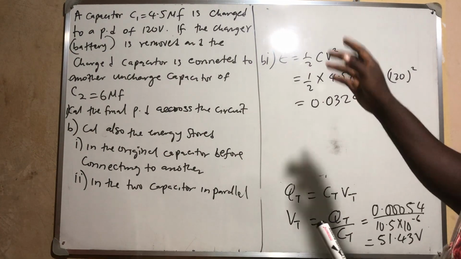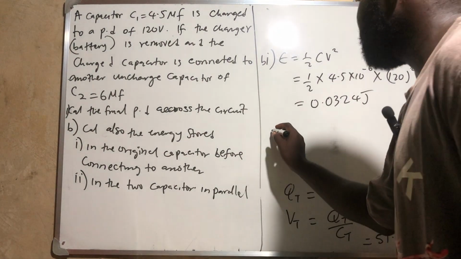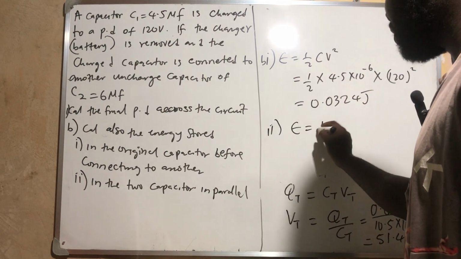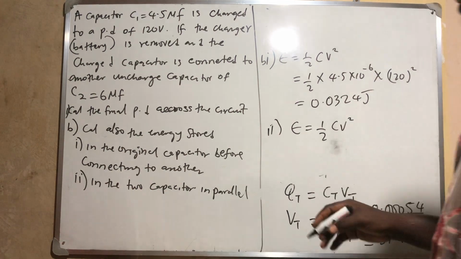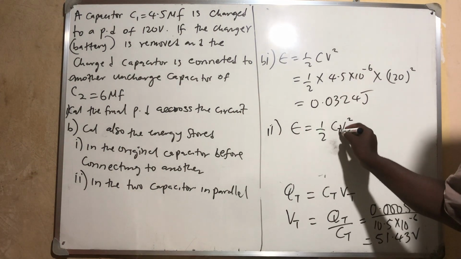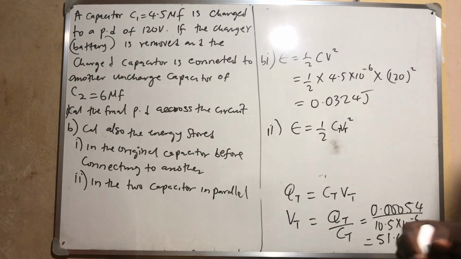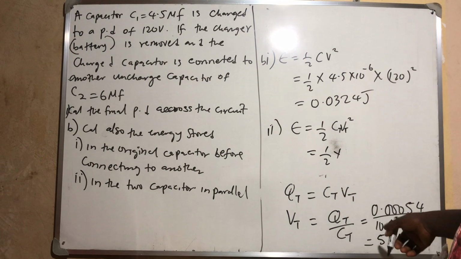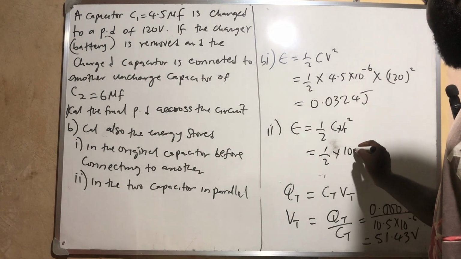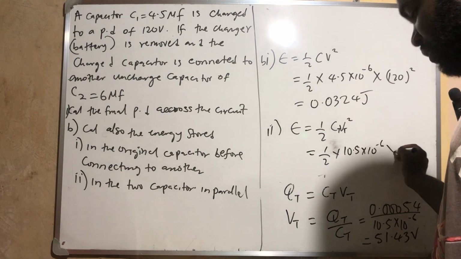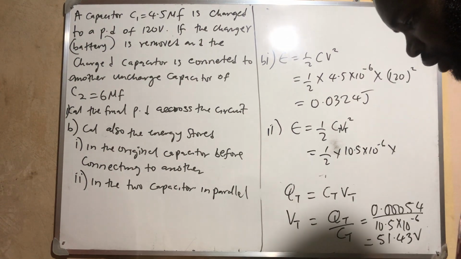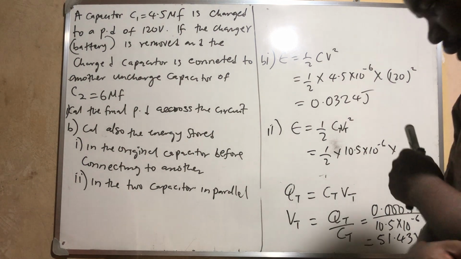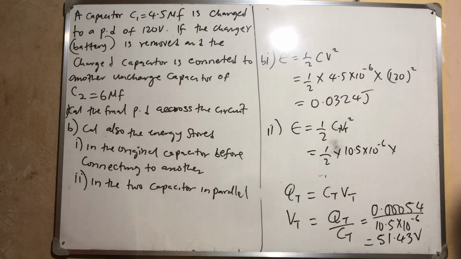So now the energy stored in everything, that is for part two, is equal to what? E again is equal to 1/2 CV squared, but this time around I'm using the C total and the V total. 1/2 times the C total, which gave me 10.5 times 10 raised to the power minus 6, then times the V total.